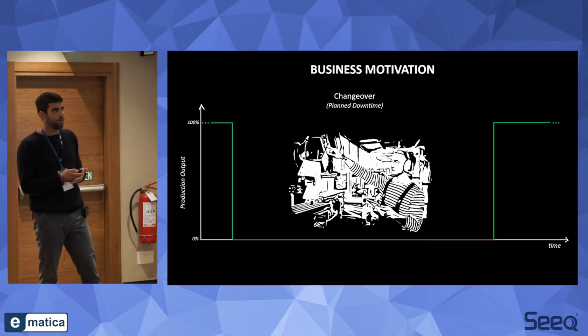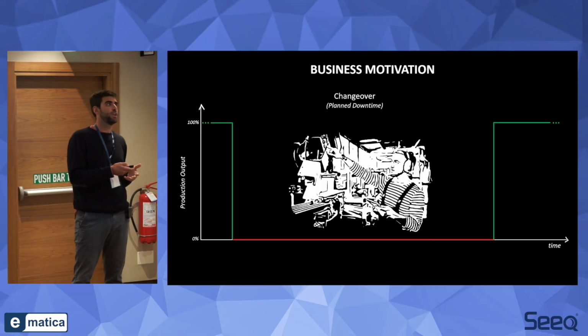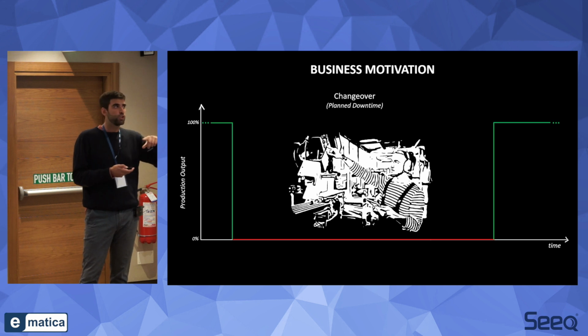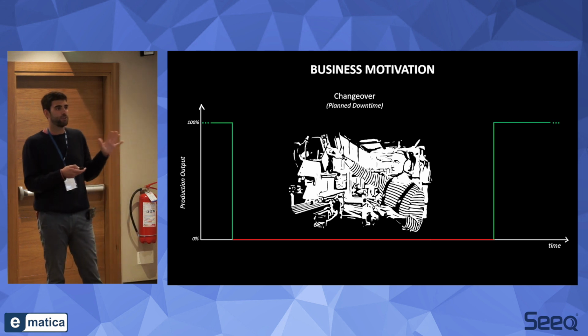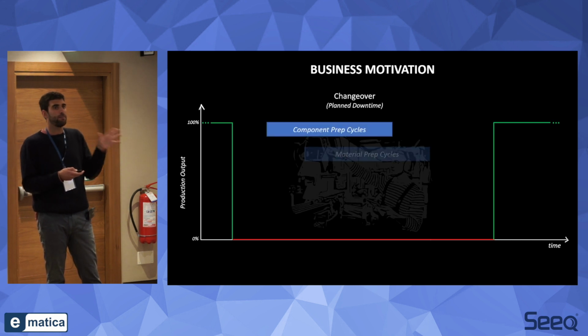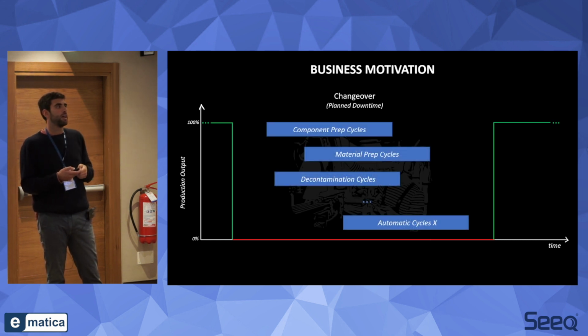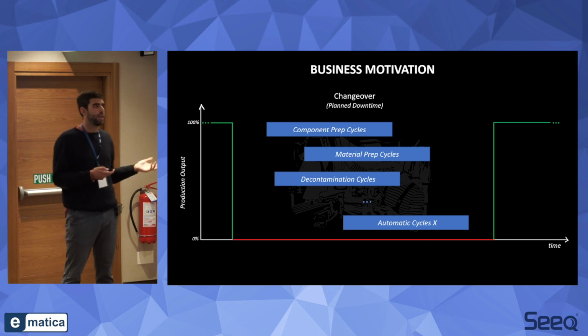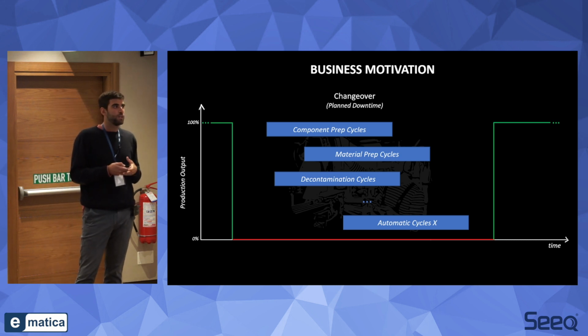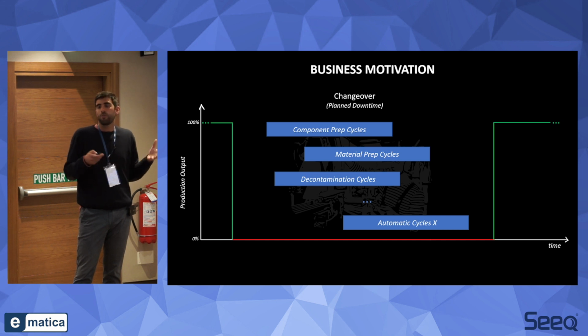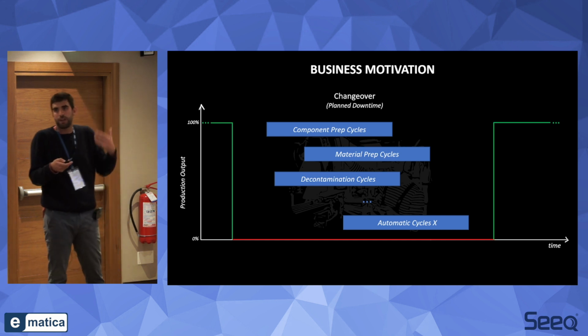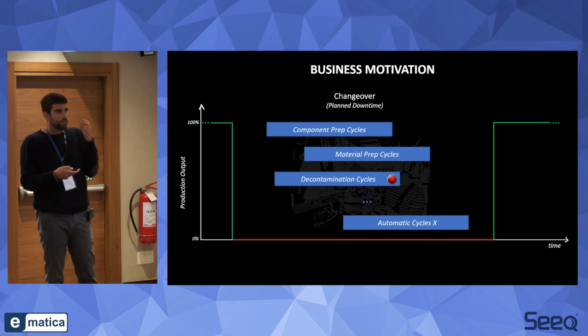So let me explain better what our goal is. So basically our business motivations. During production, we have some downtime because we need, between lots of production, to carry out activities such as preparation of components, preparation of material, decontamination cycles for next cycles.